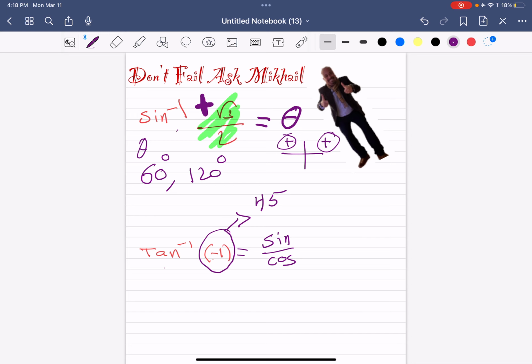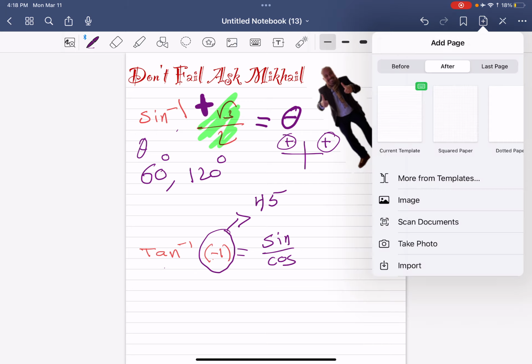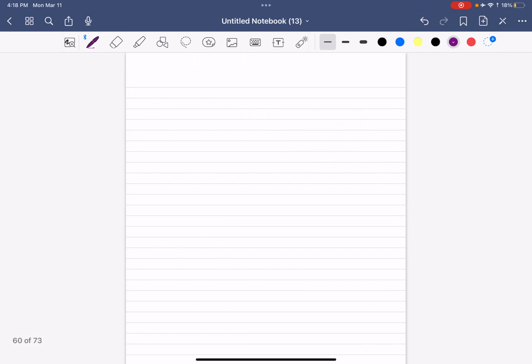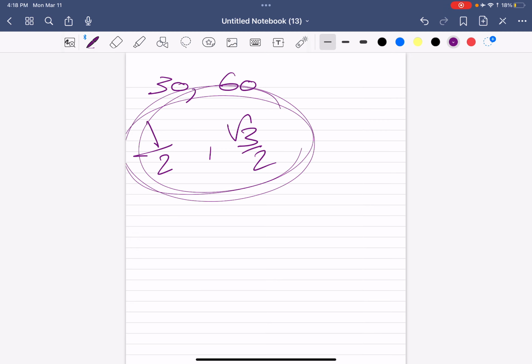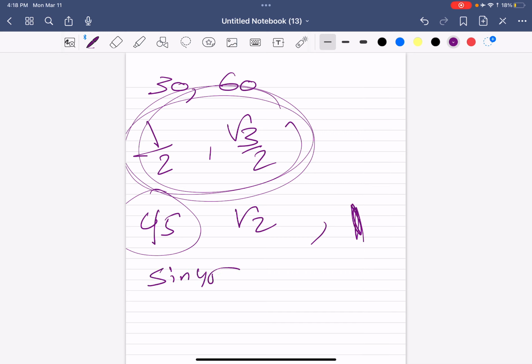You have to remember a couple of things, folks. You have to remember that 30 and 60 have to do with two numbers, 1/2 and radical 3 over 2. That is 30 and 60. 45 always deals with radical 2 or with the number 1, such that sine 45 equals radical 2 over 2.